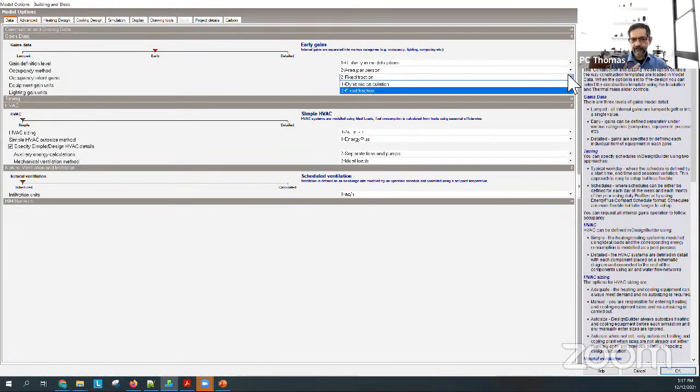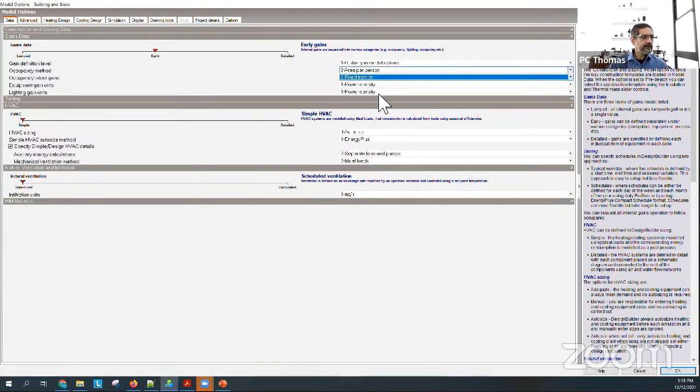It has some really fantastic equations behind it, and it looks at the space and then works out how much of the people's heat is going to be latent as compared to sensible. So it looks at space temperatures and then tries to figure that out. But typically when you're doing an air conditioning design, most engineers want to know for certain. So we use this fixed fraction.